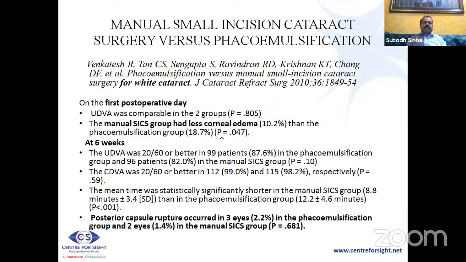So this study was again done to compare the two. They found that manual small incision cataract surgery has less corneal edema than the phacoemulsification group. PCR was more or less the same in both.